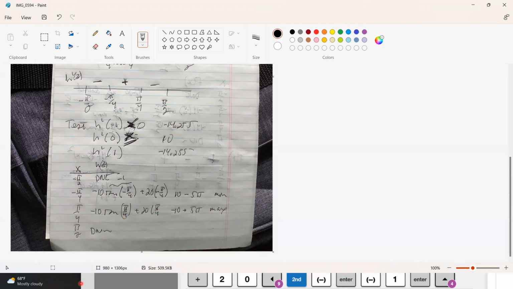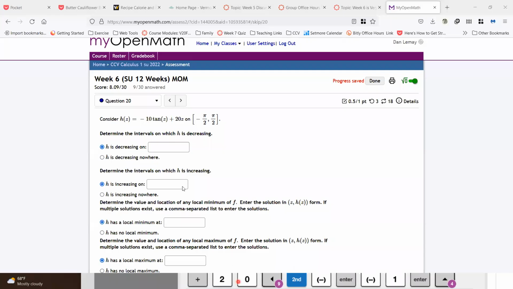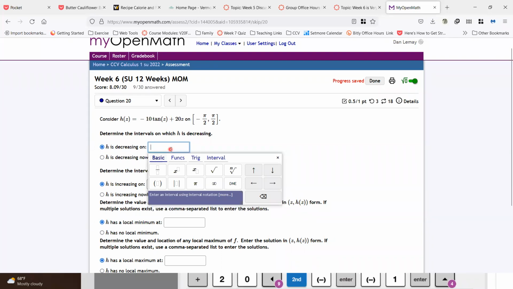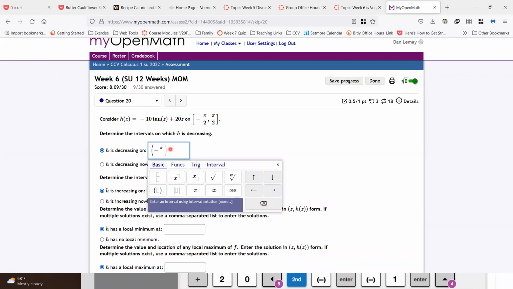So then when I went back to my online math, let's see, it's decreasing here. Where's my paper here? So it's decreasing on negative pi divided by 2, comma, negative pi divided by 4.